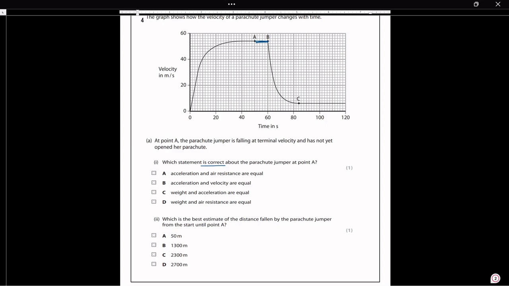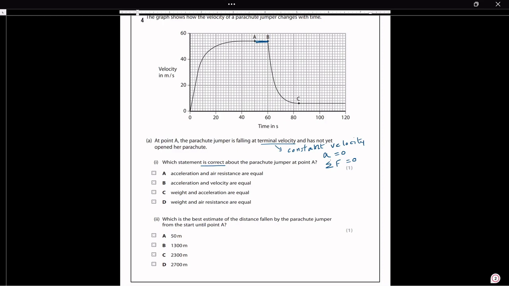So see, he is moving at terminal velocity, which means it is a constant velocity. Constant velocity means acceleration is zero. Acceleration is zero means the net force, sigma F, is zero.